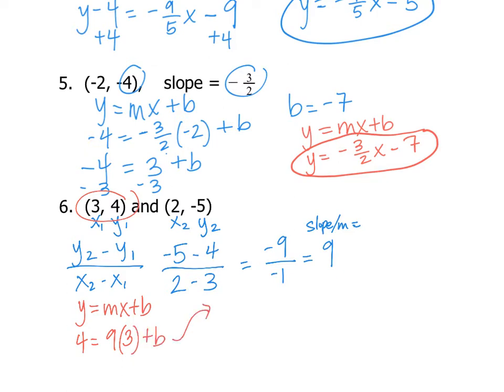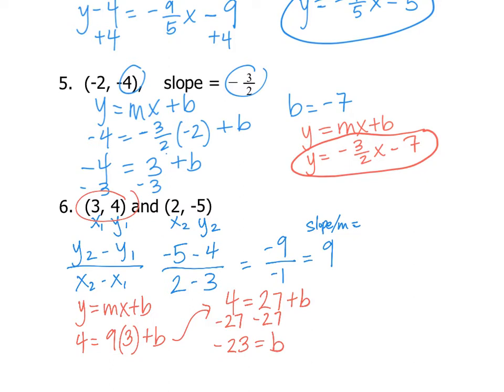Okay, so when I do 9 times 3, I'm going to get 27. So right now I have 4 equals 27 plus b. Now I just need to subtract 27 on both sides, and when I do that, I get b equals negative 23.